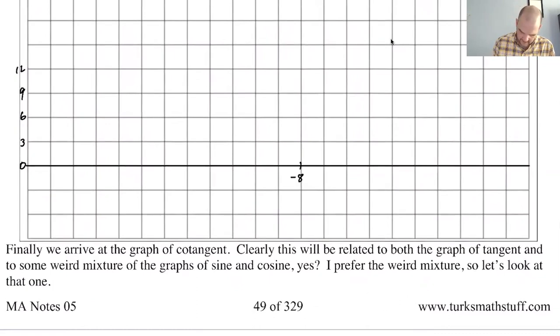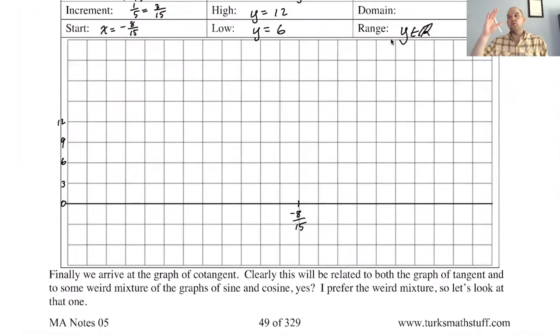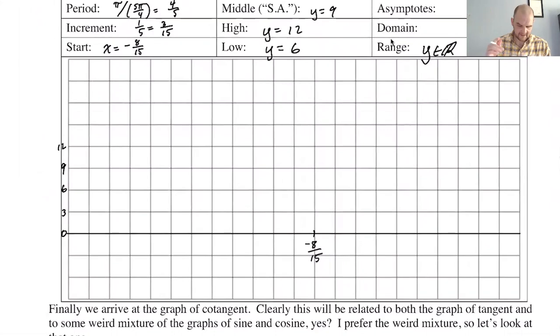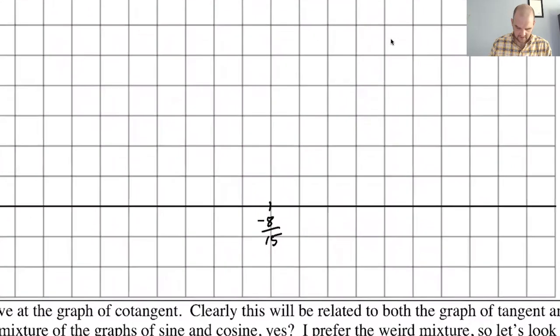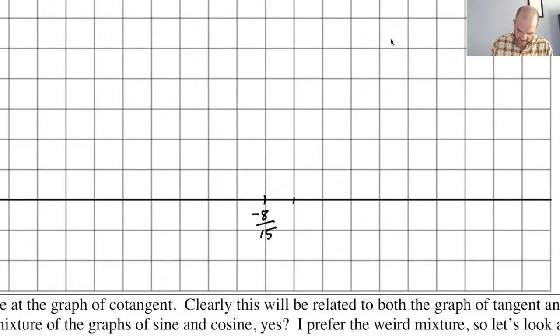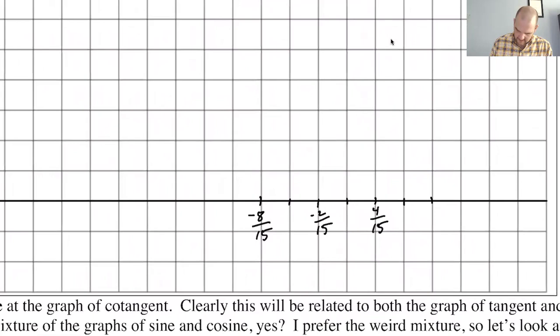Each box is an increment, but we're only going to label every other increment. So I'm going to keep adding 6 over 15. So this is negative 8 over 15, then negative 2 over 15, and then 4 over 15, and then 10.